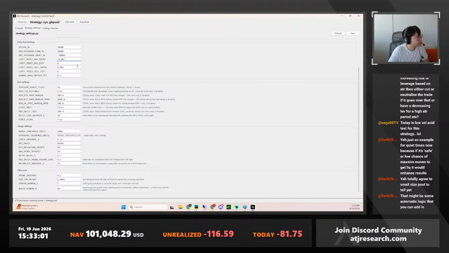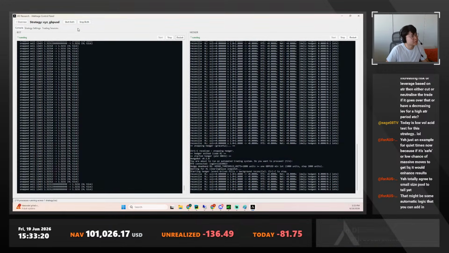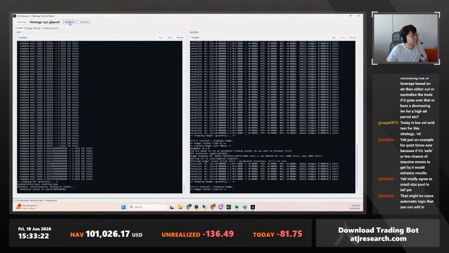Like 0.2 and 0.2, I'm going this low. Or 3, right? Let's go at 3 pips. So I'm going to make a super tight spread now. I'm going to save this, and hopefully I will quote both the bid and ask. So I'm going to stop both, and I'm going to start both.